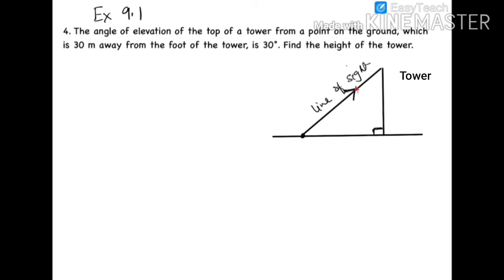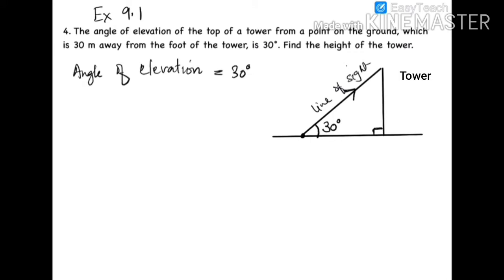The angle made between the line of sight and the horizontal level, when the line of sight is above the horizontal level, is called the angle of elevation. And the angle of elevation is given as 30 degrees.